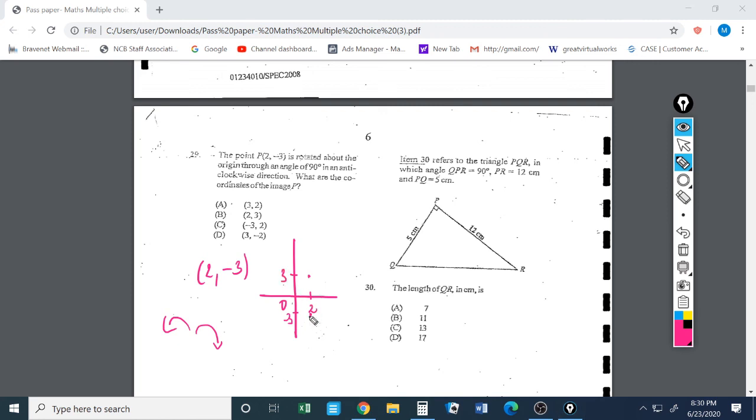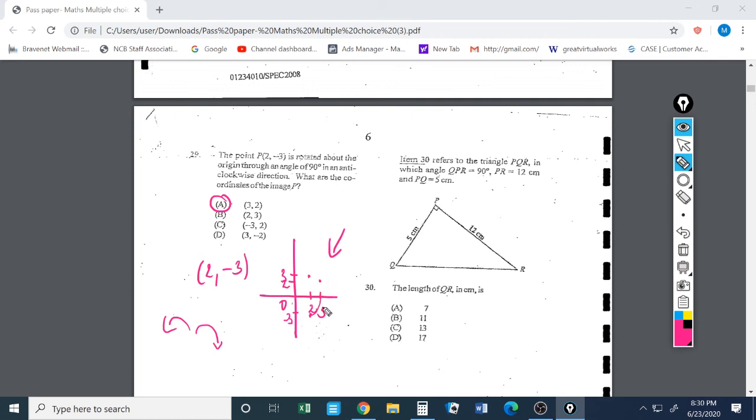We'd get this point moved from here, and we'd end up with 3, 2. X would be 3 and Y would be 2. Clearly both of them have to be positive. They have to be in the first quadrant for sure.